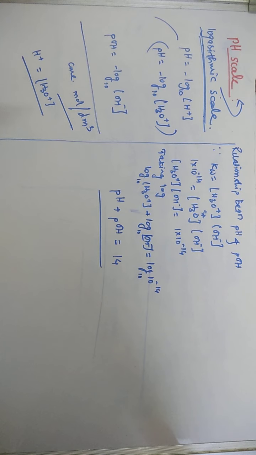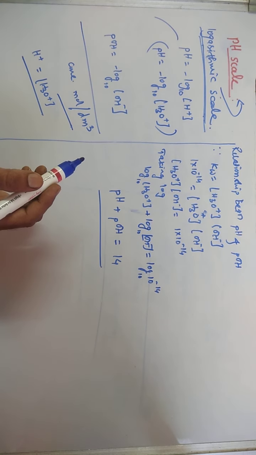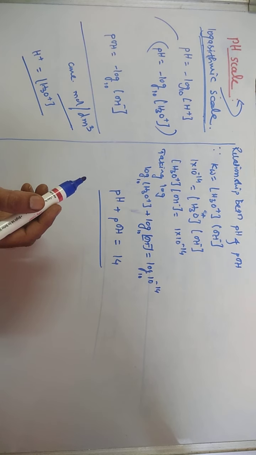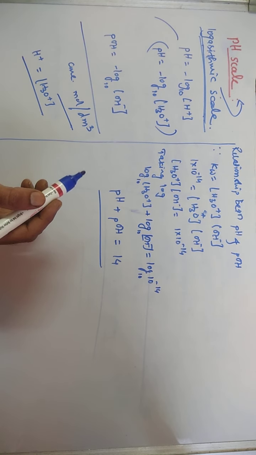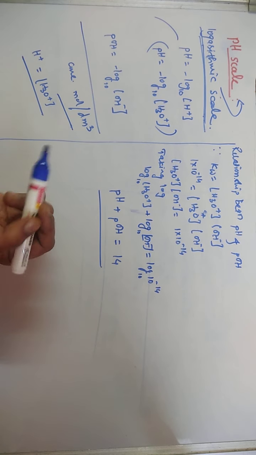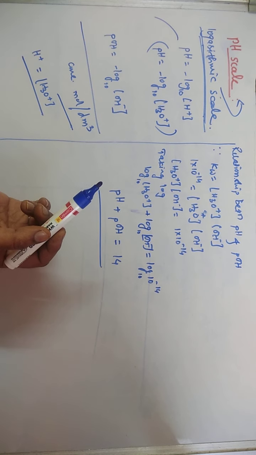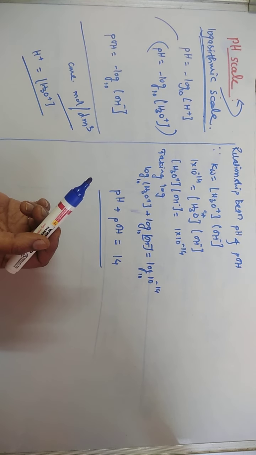Now see, in 1909, Sorensen defined the pH of a solution as the negative logarithm to the base 10 of the concentration of H+ ions in the solution in moles per dm cube.